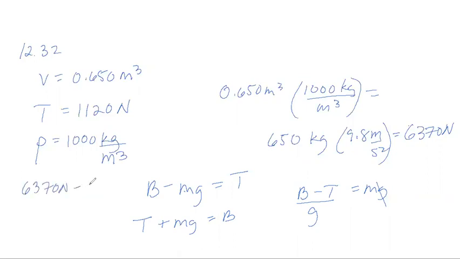So the buoyant force is 6,370 newtons minus 1120 newtons divided by 9.8 meters per second squared is going to give me m. So let's see, what is that? That's going to give me 536 kg. M equals 536 kilograms.